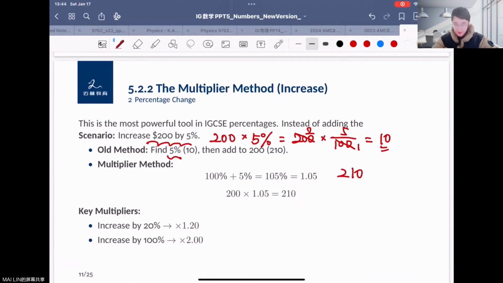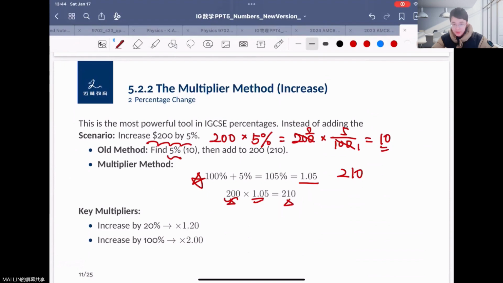Also you can use the multiplier method. The first price is 100% and we added 5% on it. So the final is 105%, which is 1.05. You use the original price times 1.05, and the final answer is 210. Okay.